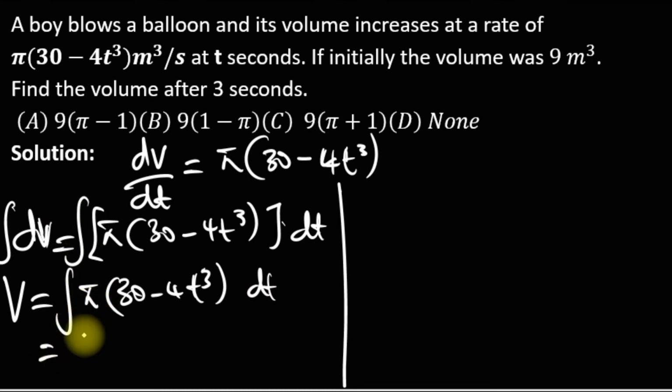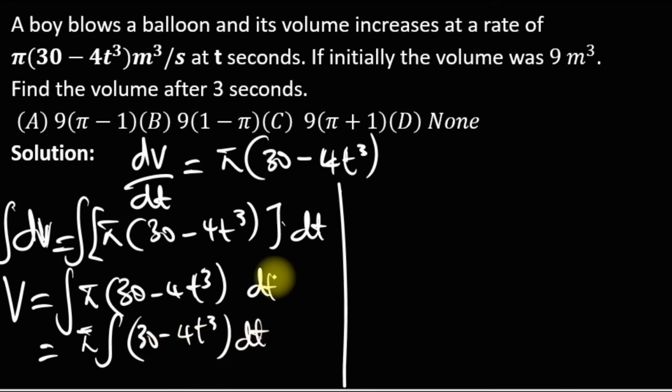Remember, pi is a constant, so bring it out: pi times the integral of (30 minus 4t) cubed dt. So what's the integral? We have pi times the bracket 30t minus 4t raised to power 3 plus 1 over 4, we have t raised to power 4, plus k, the constant.